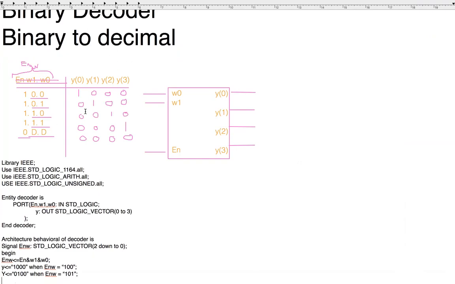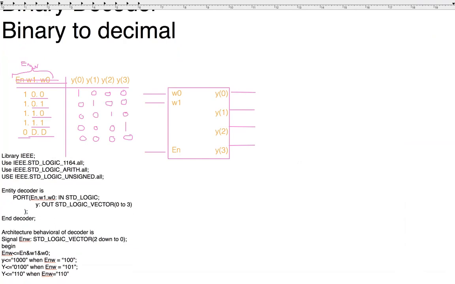And then keep going down this truth table. Y is going to be equal to 1, 1, 0 when ENW is equal to 1, 1, 0. So you guys get it pretty much. You just set the output and then you say when.